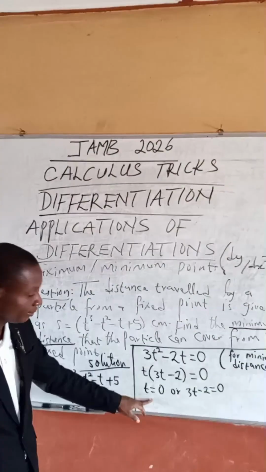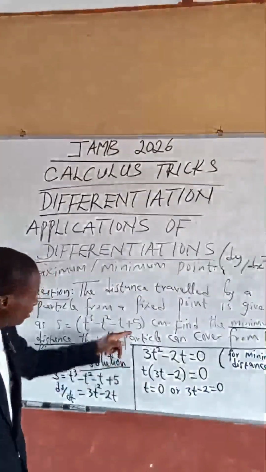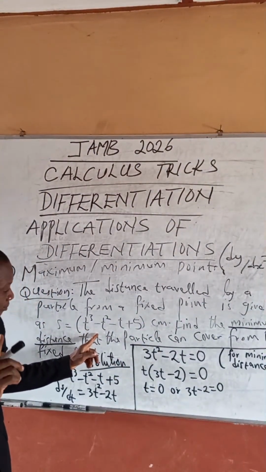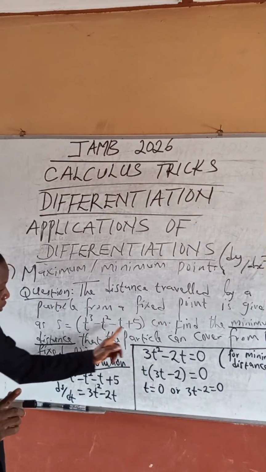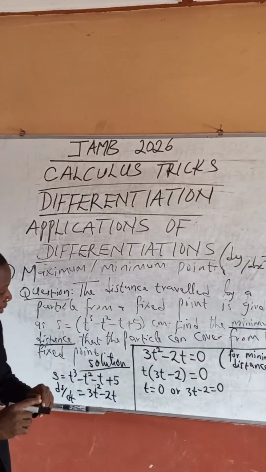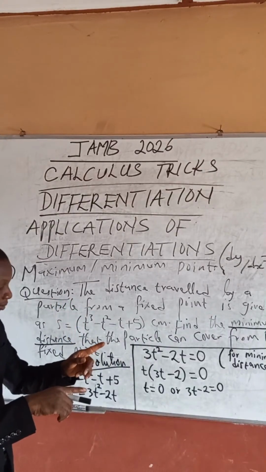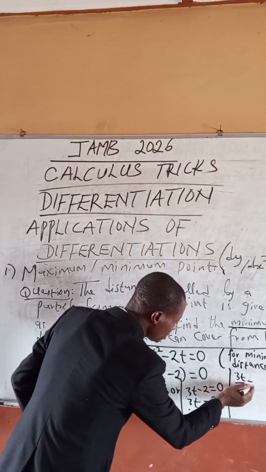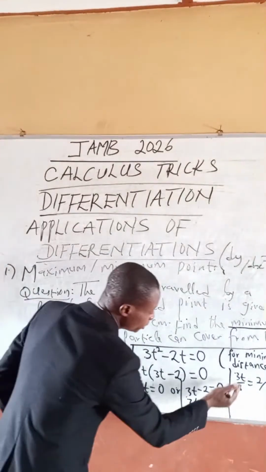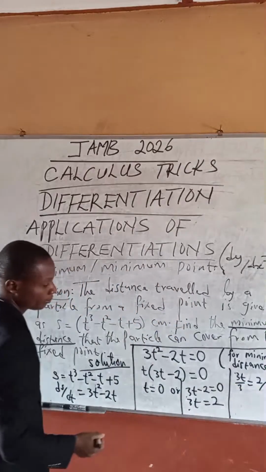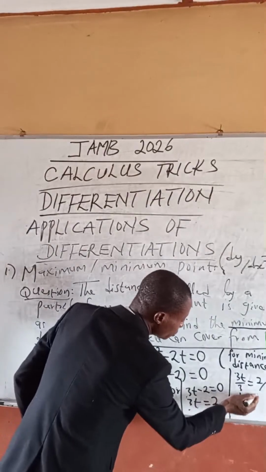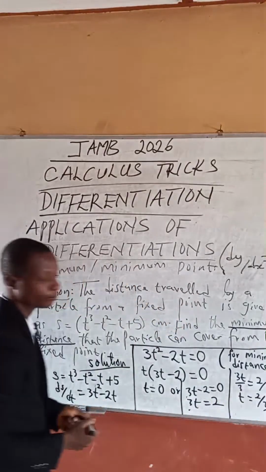This one will make minimum distance. If you substitute this t here now, you will get a minimum distance, right? Yes, but here it is 0, you get plus 5 centimeters. That is minimum distance. Then we want to get another one again. 3t is equal to 2, divided by 3. So 3 cancels 3. We have t equals 2 over 3.